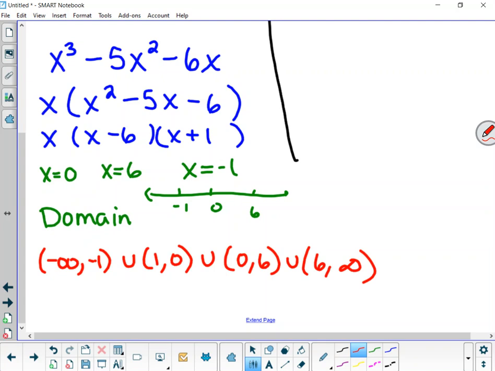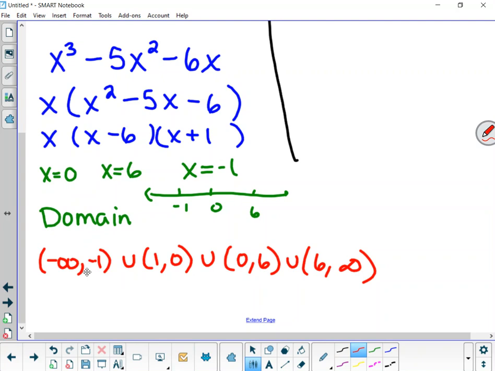The bigger degree denominator you have, the more potential locations you have for problems, for holes and vertical asymptotes. So this graph would be in 4 pieces.